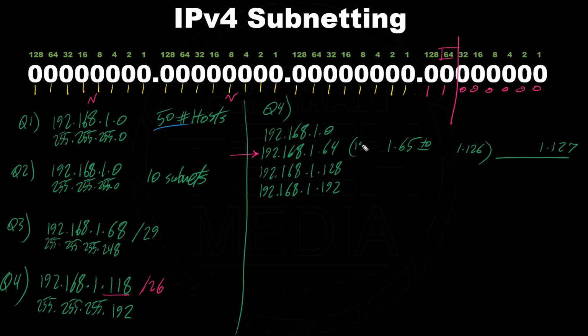And this IP address of 192.168.1.118 with the subnet mask of 255.255.255.192 falls into this range. This 192.168.1.64 is the network address for this IP address.